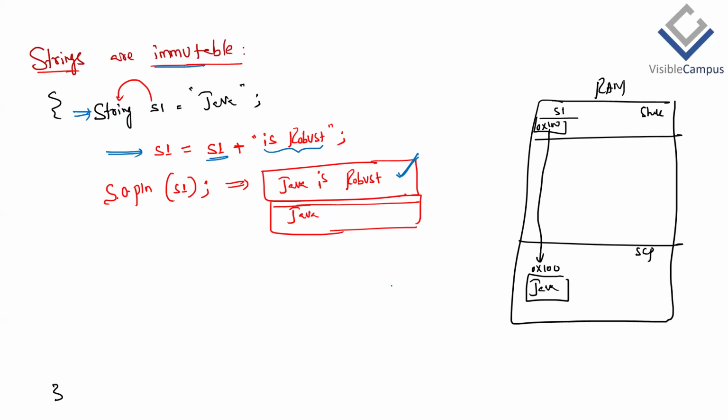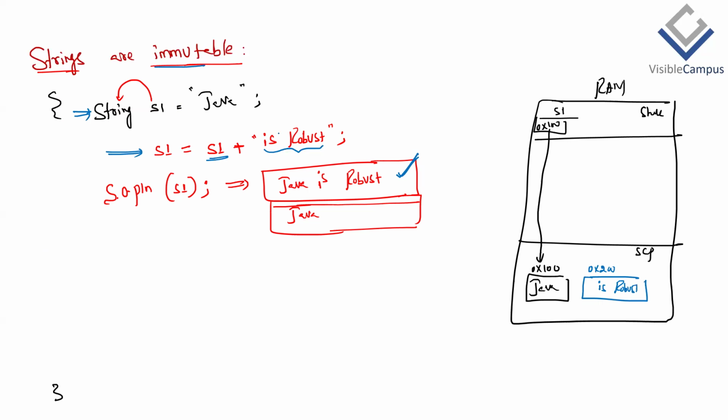Then where should it be created? In the string constant pool. Is it already there? No. Therefore, the JVM will create a new object and store the data "is robust" at a different address. Is any variable pointing to it? No, so it is just an object. There is no S1 or S2 for this.